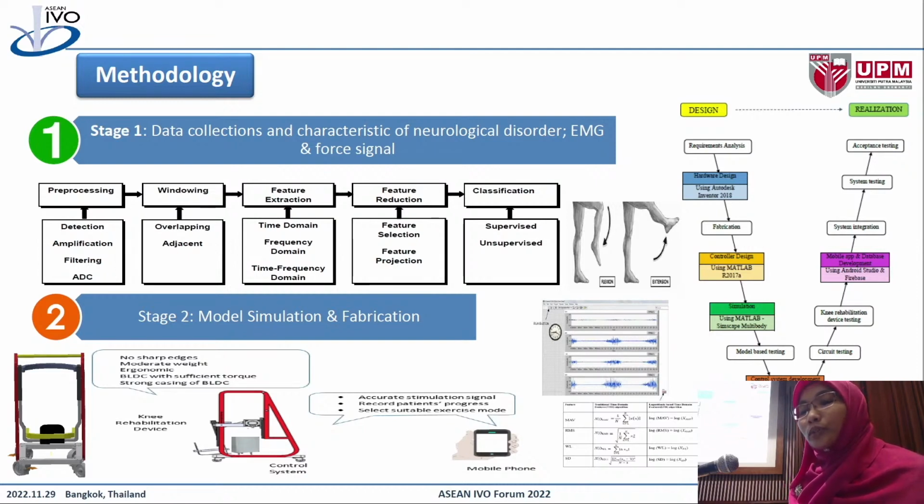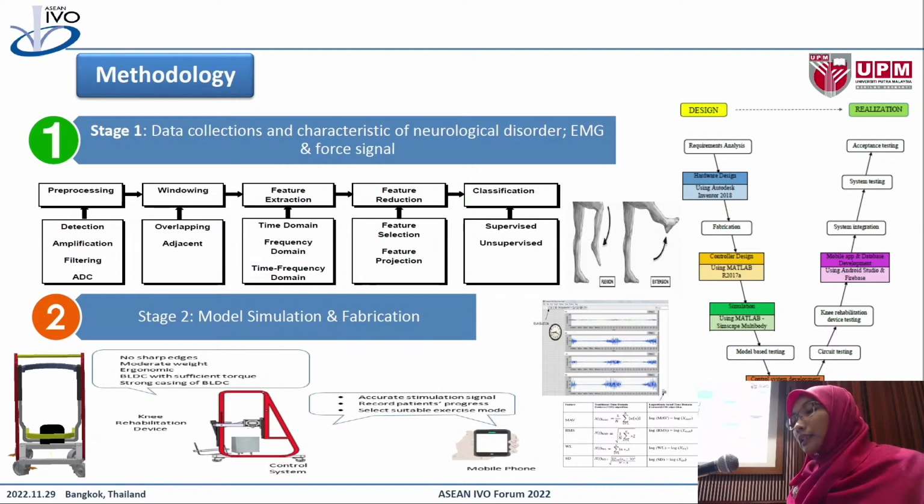So the stage 2 is model simulation and fabrication. We managed to design the knee rehab device by using AutoCAD, and we did some simulations on the types of motors and also the gear.